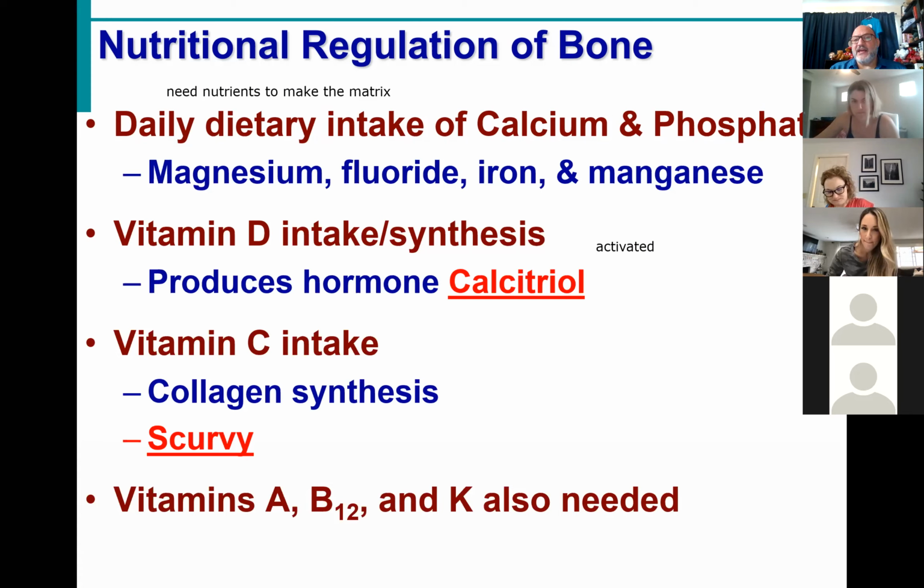Without B12, without K, we can't make red blood cells. And remember, our red blood cells only last for about 100 days. So we have to constantly make them. Having these other types of vitamins and micronutrients is vital. So it's more than just having that glass of milk in the morning that is necessary for getting our bone density.